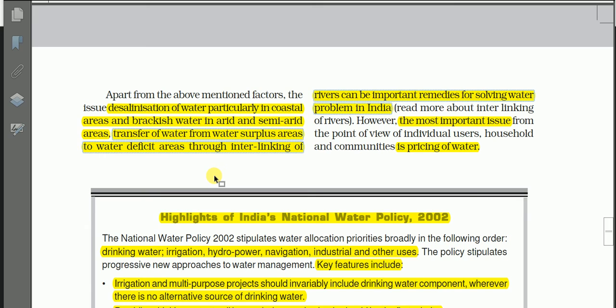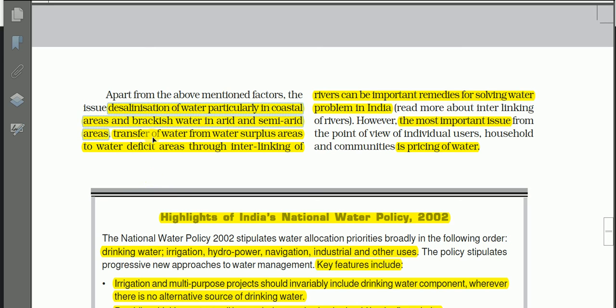So we discussed the emerging water problems and the deterioration of water quality in India, and to solve those problems we may implement desalinization of water, particularly in coastal areas, and desalination of brackish water in the arid and semi-arid, that is, the desert areas, can also be done using modern technology, even though it is a costly one. We may do it.